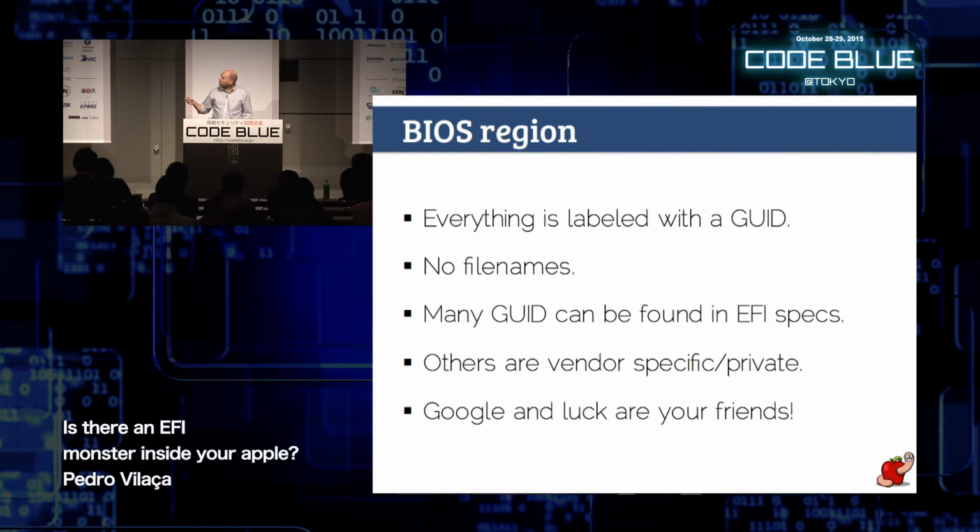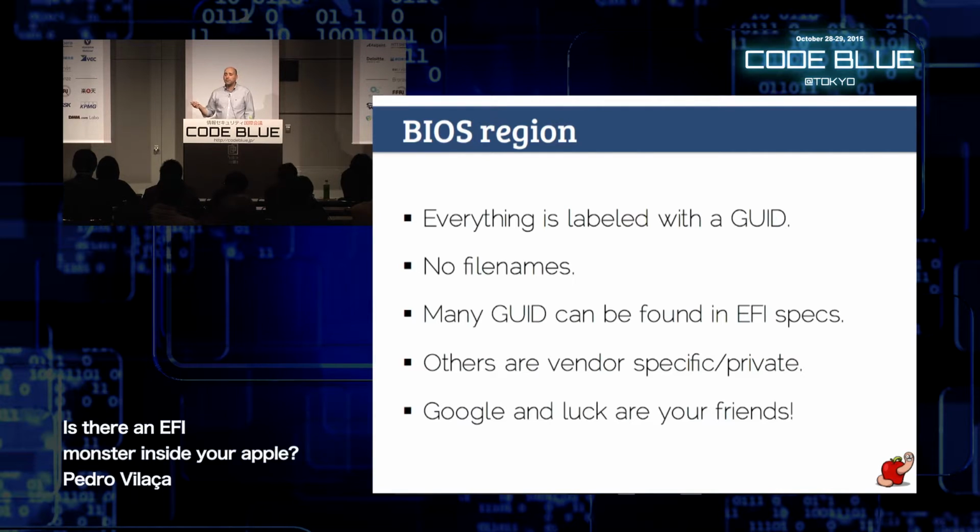The content of most of those GUIDs you can find in the EFI specs. This is where you download all the manuals and then use the PDF search to see. You find the GUID and you want to know what it means. There are many GUIDs that are vendor-specific or private, meaning Apple has some GUIDs that it doesn't publish. You don't know the meaning, so you need to reverse engineer to understand what they are doing.